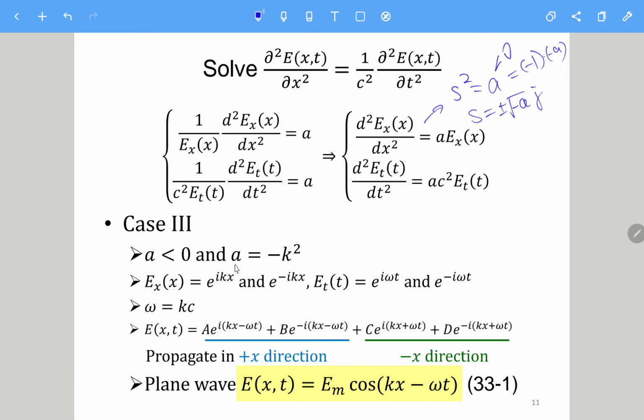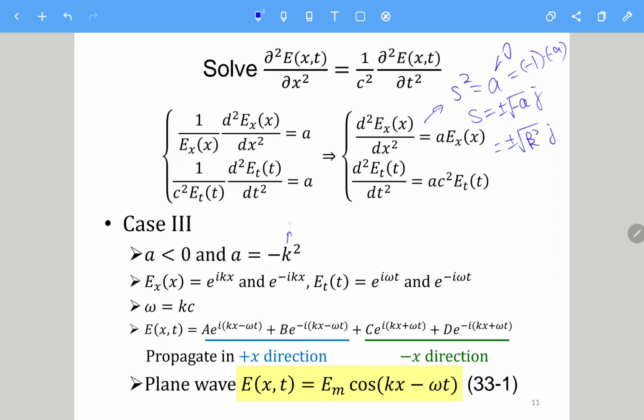Or we can actually write A is equal to negative k squared, because k squared must be larger than or equal to 0, so negative k squared is smaller than or equal to 0. In this case we can write s as plus or minus the square root of negative k squared, which becomes k times j.